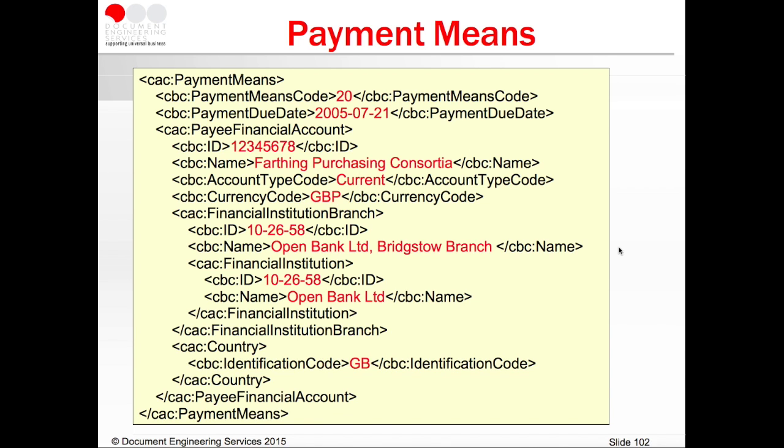We may also, in our invoice, create a payment means. So we would establish that we want this invoice to be paid into this account under the name Farthing Purchasing Consortia at this branch of this bank with this identification number.